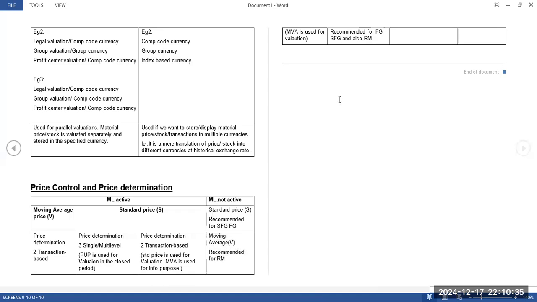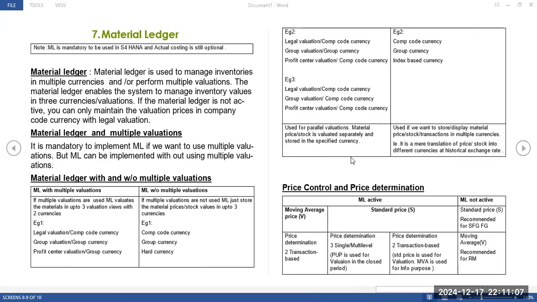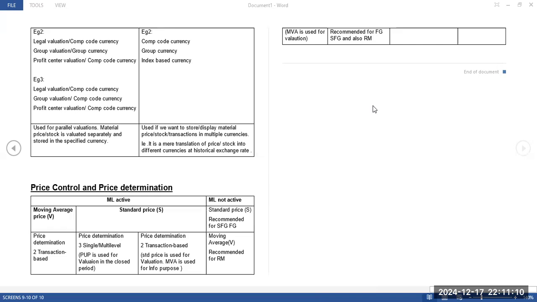When it is not active, moving average is used for valuation, and this is recommended for semi-finished goods, raw material and finished goods. So far, the concept was clear. So this is basically the underlying concept for material ledgers.